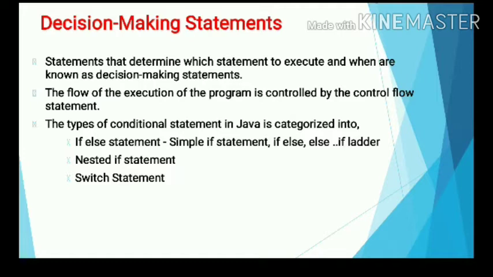This decision making statement is divided into if-else statement, nested if statement, and switch statement. Here the if-else statement is further subdivided into simple if statement, if-else statement, and else-if ladder.